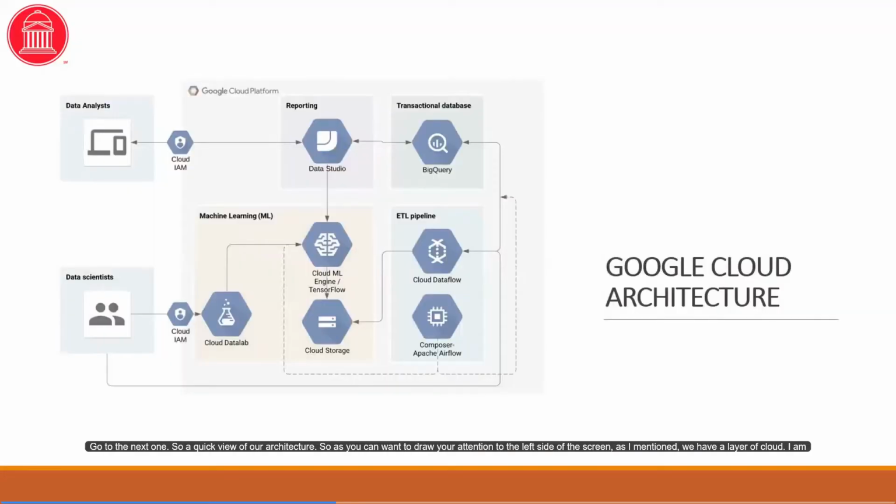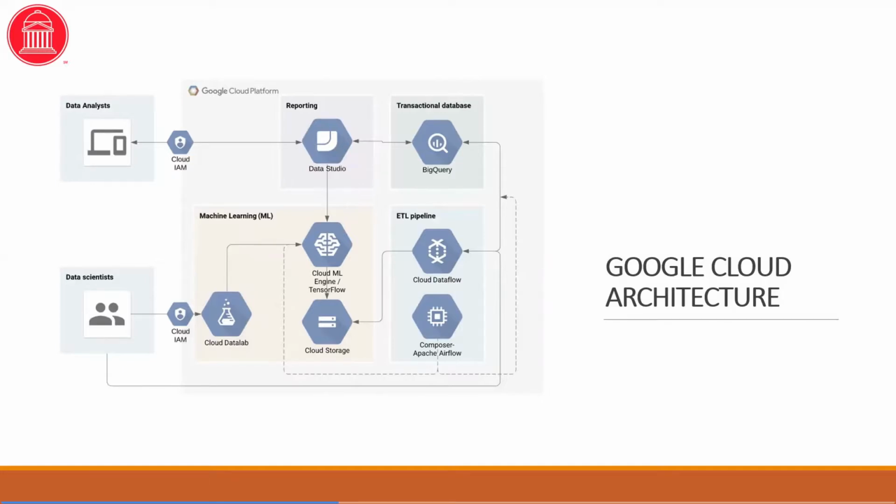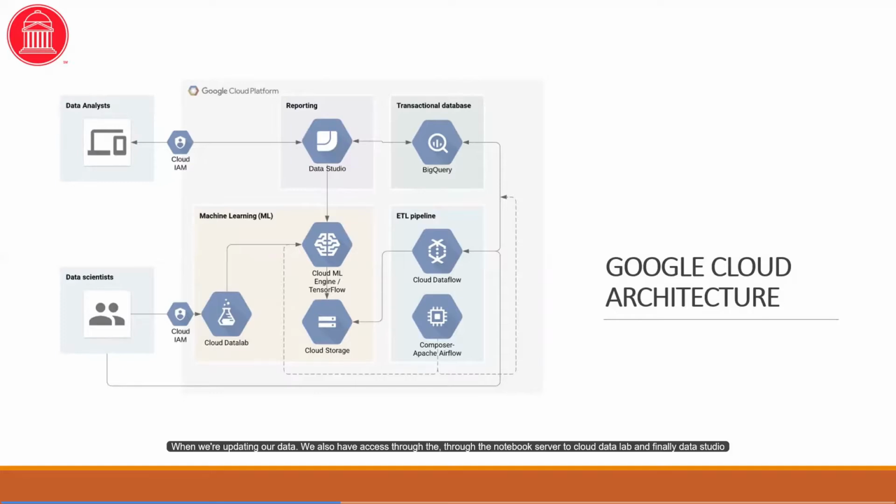So a quick view of our architecture. I want to draw your attention to the left side of the screen. As I mentioned, we have a layer of Cloud IAM to control access for both data analysts and data scientists on GCP. We've created a VPC within our network with some subnets that contain the ETL pipeline to make sure that runs securely when we're updating our data.